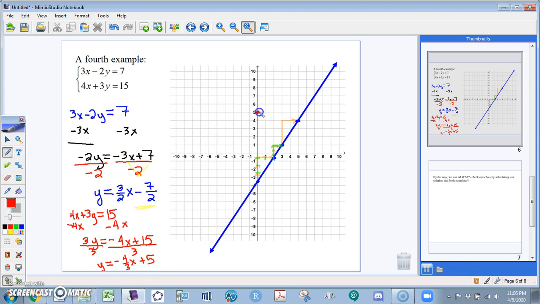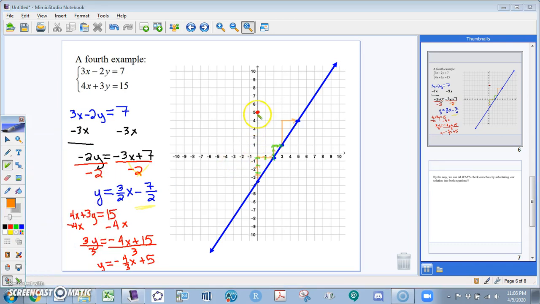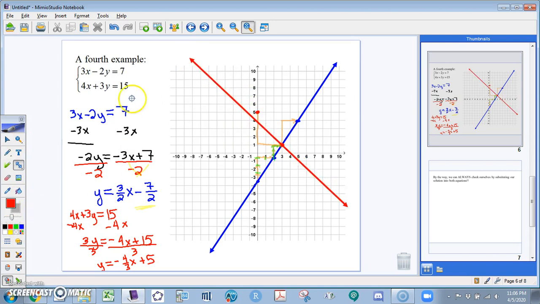So y-intercept of 5. And then I need to plot my slope of, what is that slope again? Negative 4/3. So down 4 and over 1, 2, 3. Oh, we're getting so lucky. We're getting so lucky that just plotting our slope, we're finding our points of intersection. Super, super lucky there. Just got to get my line to actually go through the points in question.